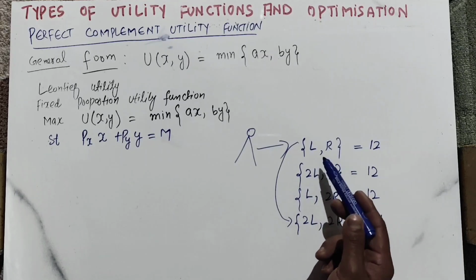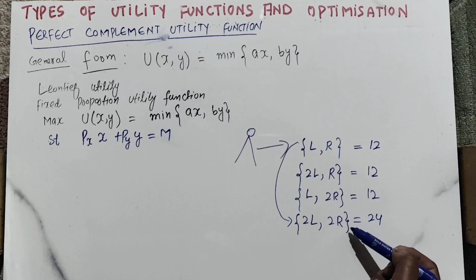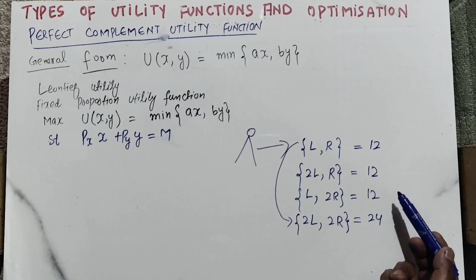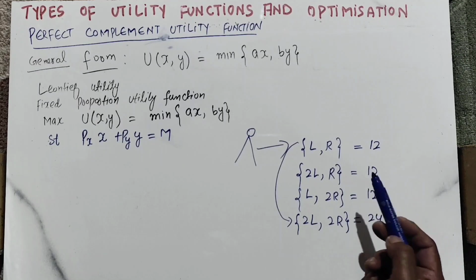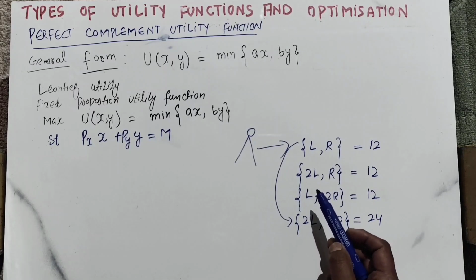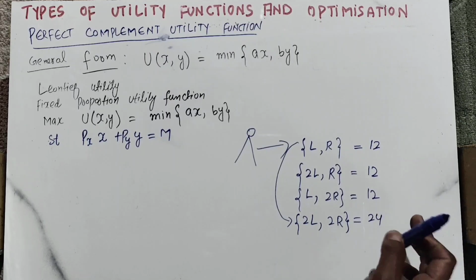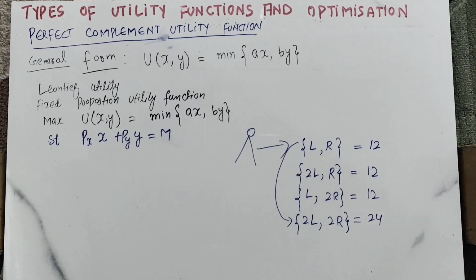That means if he doubles the units of good L, he has to double the units of good R to get more utility. Changing only one good without changing the other good will not yield any additional utility. That is the main essence of the Leontief utility function.